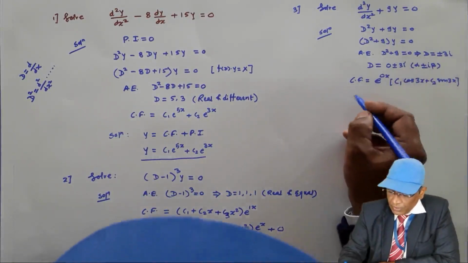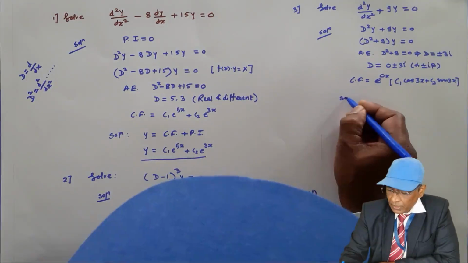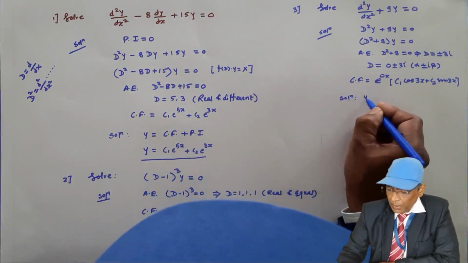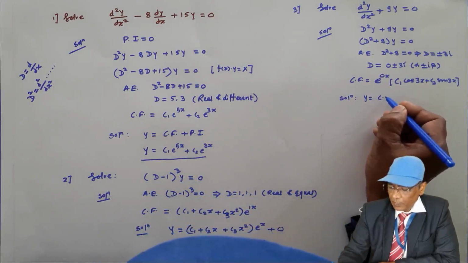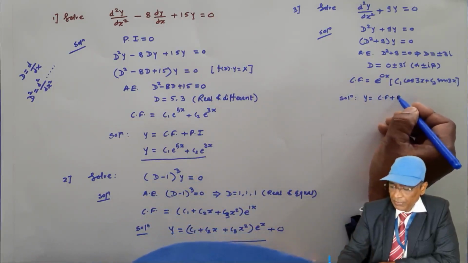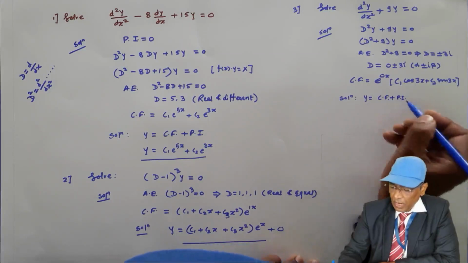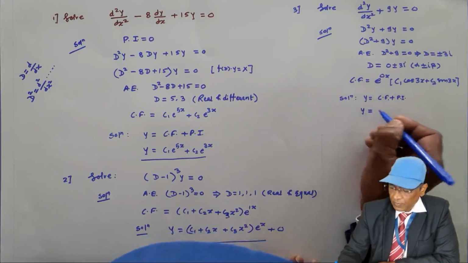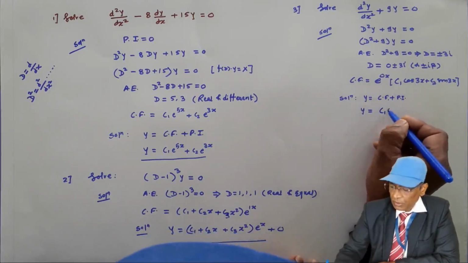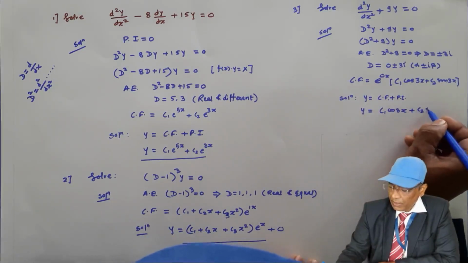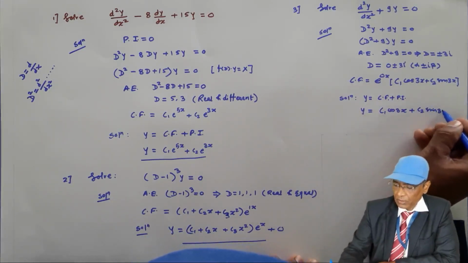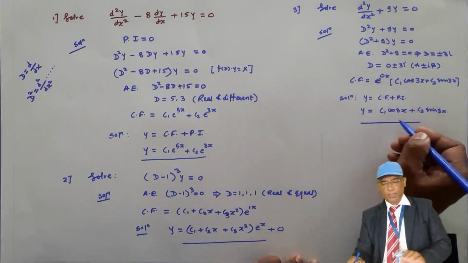The solution of the differential equation is y equal to complementary factor plus particular integral, and the particular integral is 0. Therefore, this is the solution of the given differential equation.